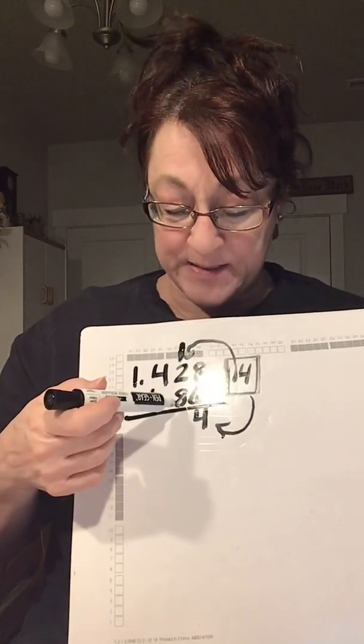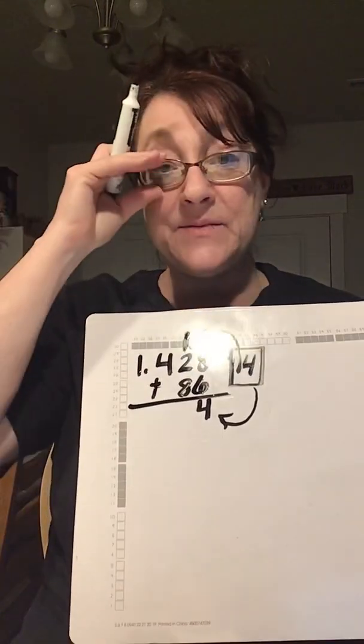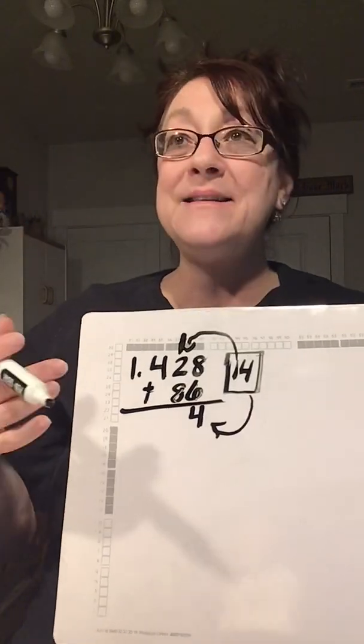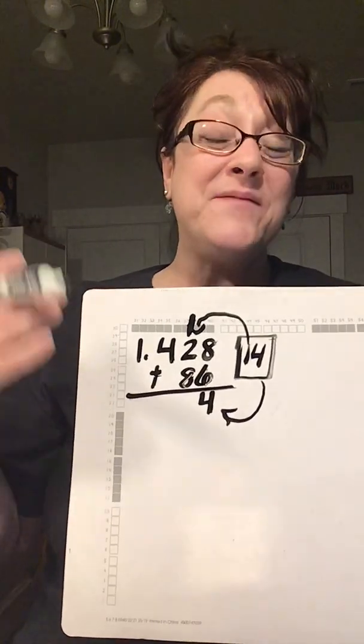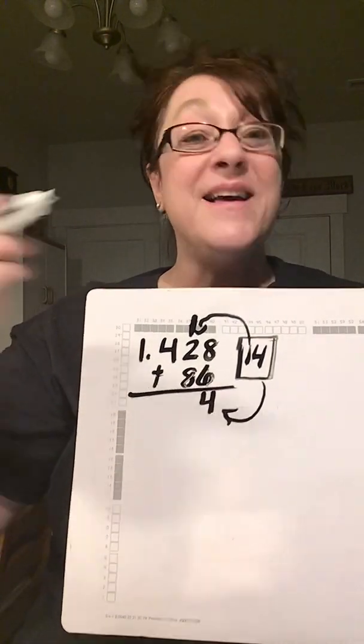Now, can we just put the 11 down there in the tens place? No, because we have an extra 100, don't we? If we have 10 tens plus 1 extra, that's got to go into the hundreds place. So I will put my 1 down there.